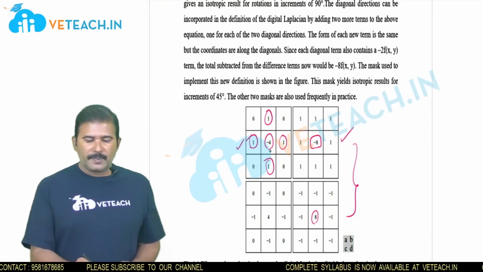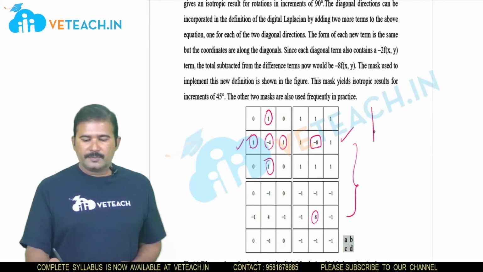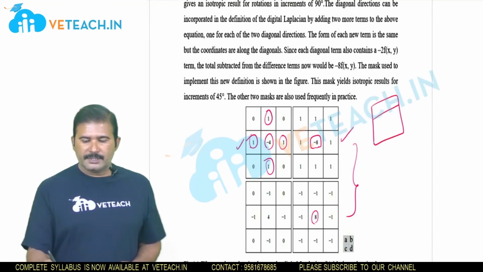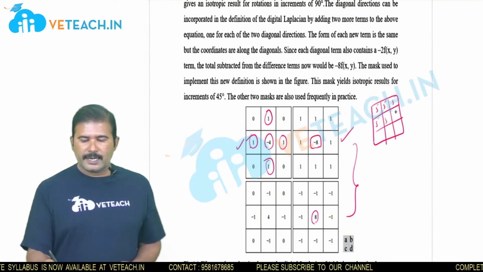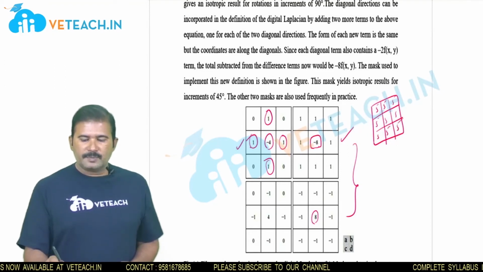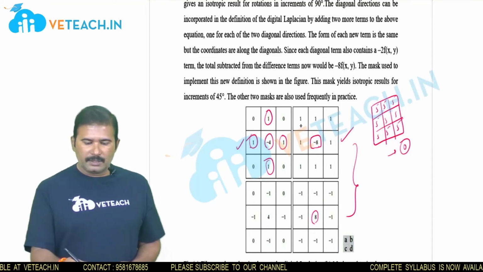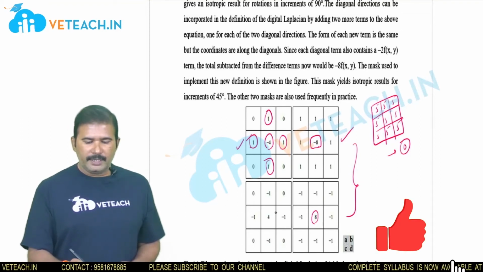If you apply any of these masks to a constant gray level region, that is, a 3 by 3 portion of an image where all the gray level values are, say, 5, it results in a 0 value, because the sum of all the coefficients is 0 in any of these filters.